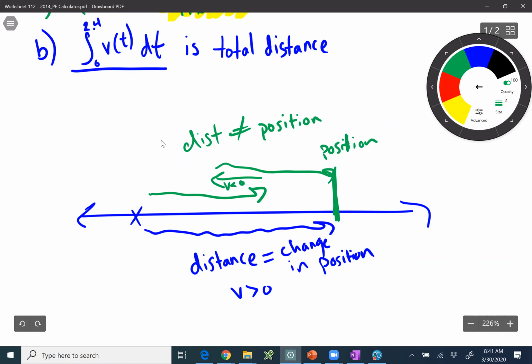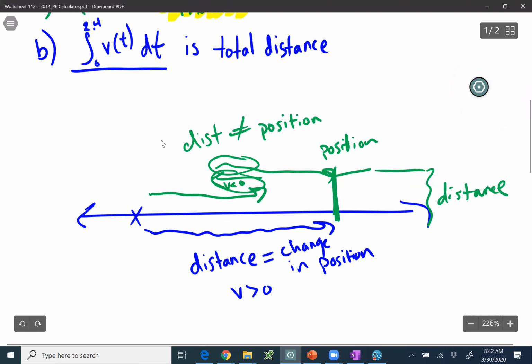But for our distance, we would have added that amount going backwards and forwards. So we would have added that little amount twice, once going backwards and once going forwards. So our distance would be way out here.